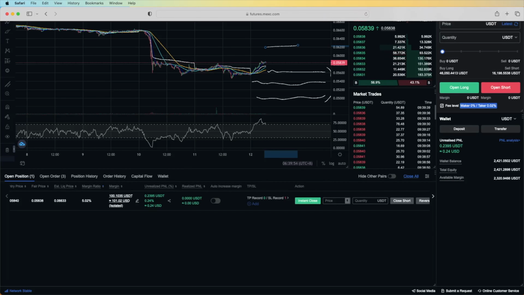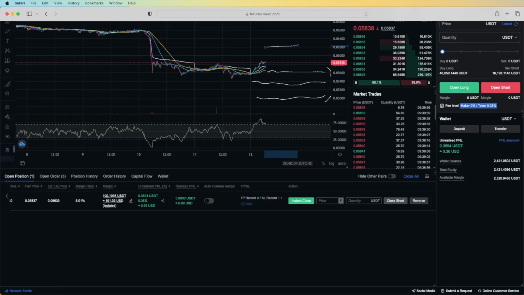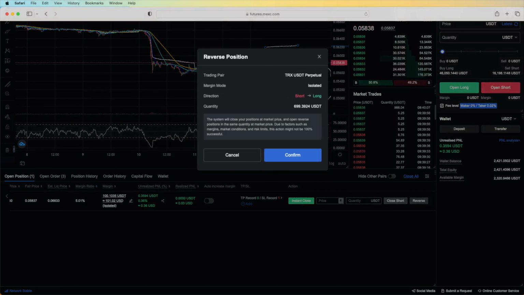And therefore, another thing that we have on this area, we have a reverse button here. When you press this one, it's gonna open the opposite direction.